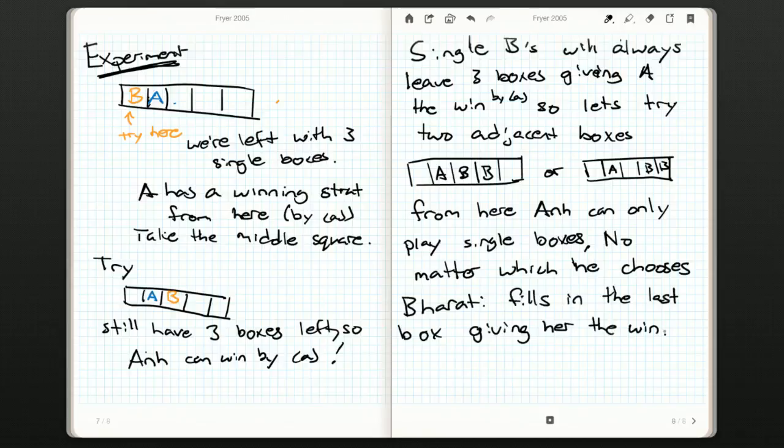We realized single Bs will not work. They will always give On the win based on our work in part A. So that means we had to have Barati pick 2 adjacent empty squares. And that left On with 2 empty boxes, neither of which are adjacent. So he has to play single boxes. And no matter which one he chooses, Barati will just waltz on over and fill in the last one. And that gives her the win.